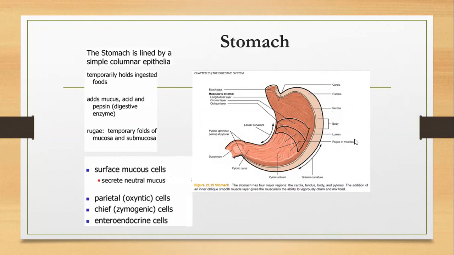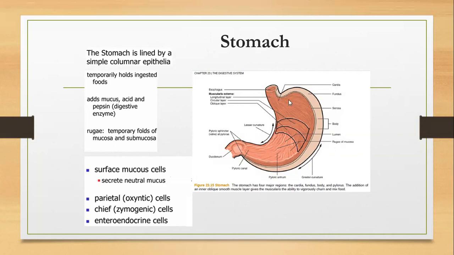Now, what I need you to watch here is that if I cut the stomach and I remove the top layer, which is the serosa, I cut and peel off the serosa, I'm going to see the longitudinal muscles. Okay? Remember the four layers that we discussed. One of the layers is made up of muscles, the outermost being the longitudinal muscles, and the inner one being the circular.